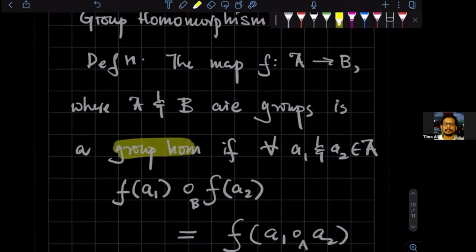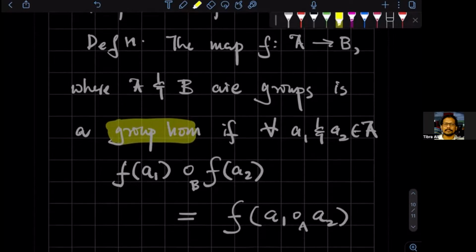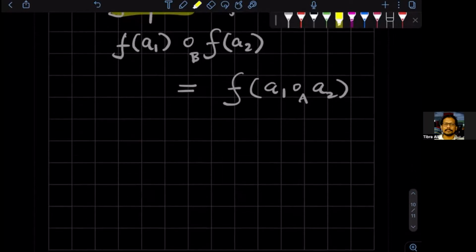So another way of saying it is that a group homomorphism is a map that preserves the group structure. I wanted you to prove the following theorems or lemmas.